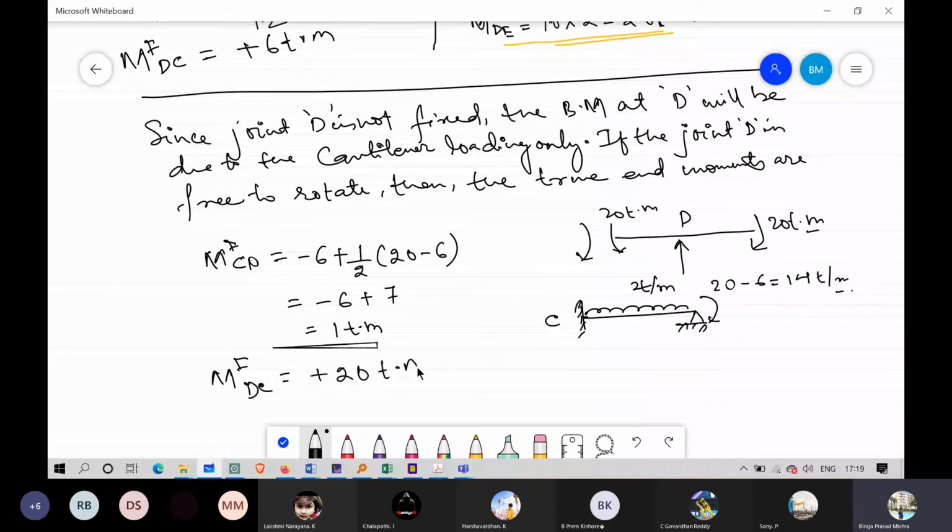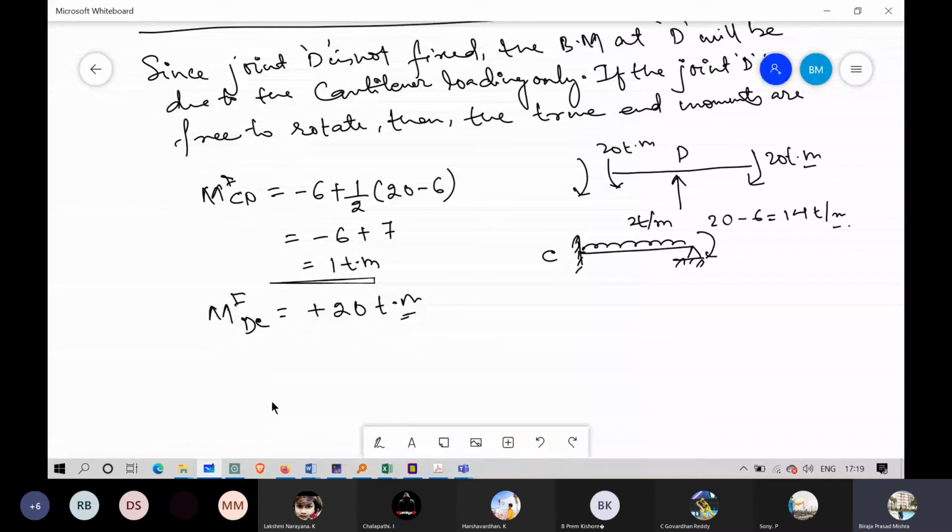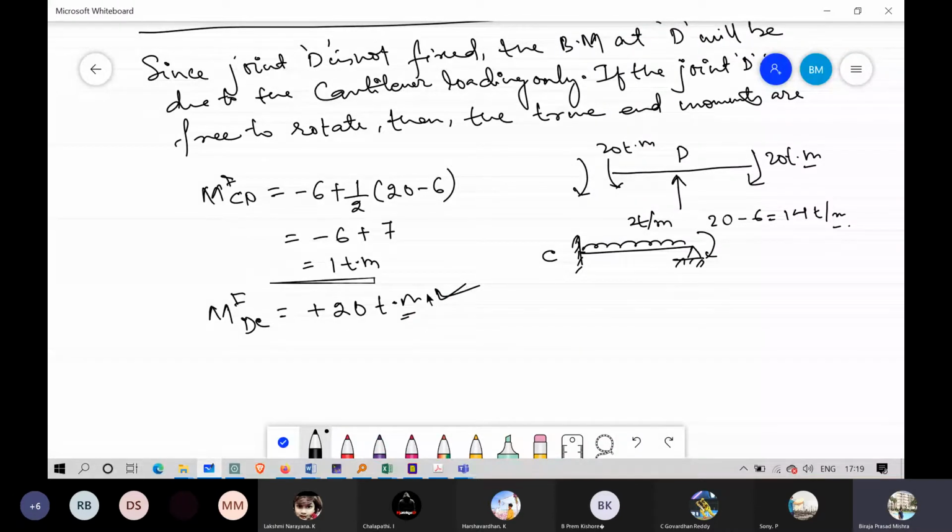20 tons meter. Okay. So if we calculate the restraint moment at each joint, this is all about the fixed end moments. This is for step 1. So step 2, what is step 2?